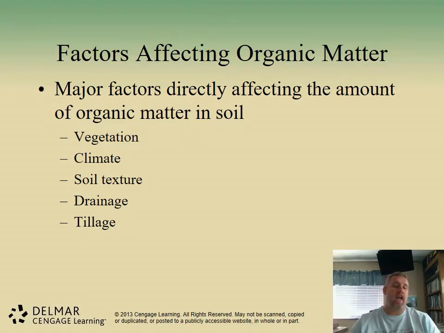Soil texture does happen to affect the amount of organic matter. The different soil textures hold on to organic matter differently, and too much organic material will actually change the texture of a soil.